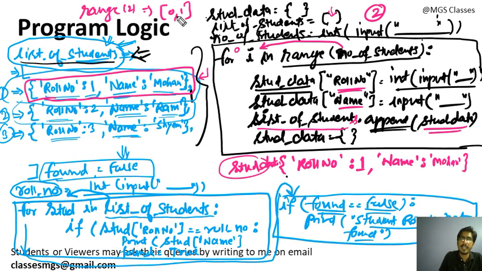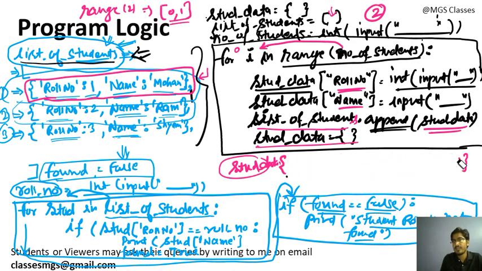Next time, because the loop will execute 2 times, because 2 students are there, we are emptying this student data, so this dictionary will be flushed, because this dictionary is already added into the list, and now we have emptied it, which means we have cleared this dictionary. Now again we enter the data for the second student: roll number 2, and the name, let's suppose Ram.